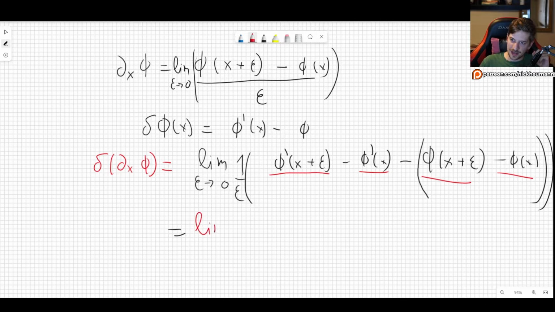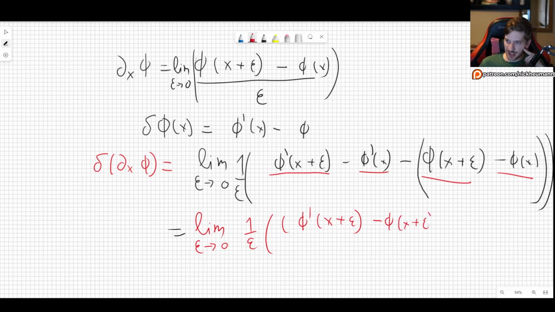So we get the limit as epsilon goes to 0 of 1 over epsilon, and then we have phi prime of x plus epsilon minus phi of x plus epsilon minus phi prime of x minus phi of x. Now, what is this?